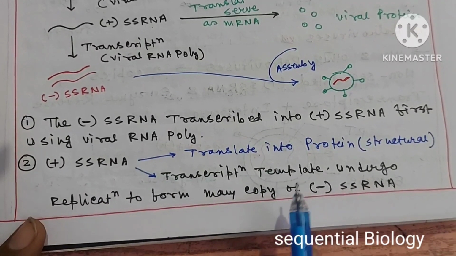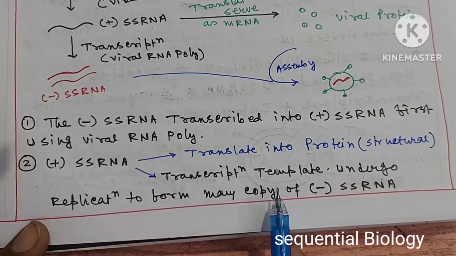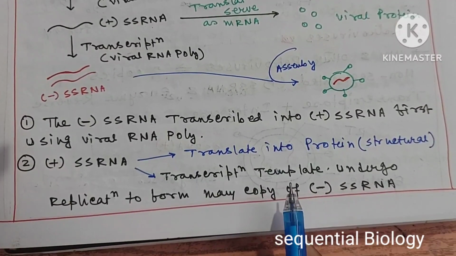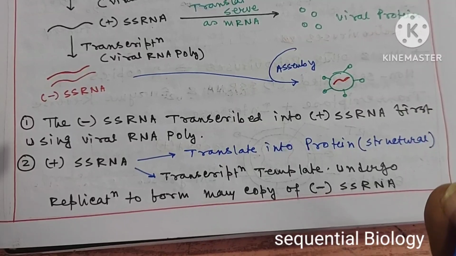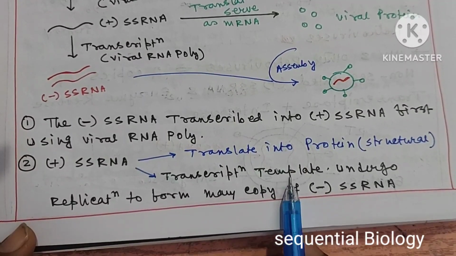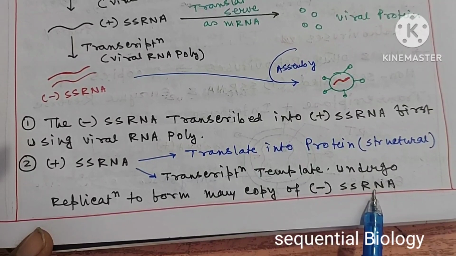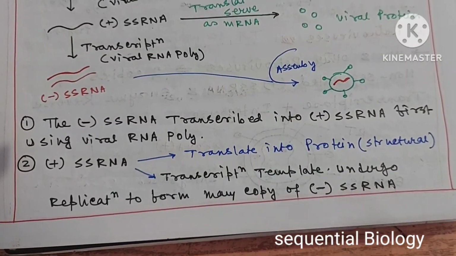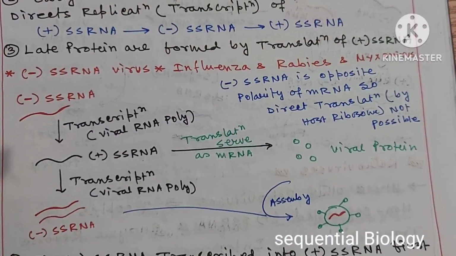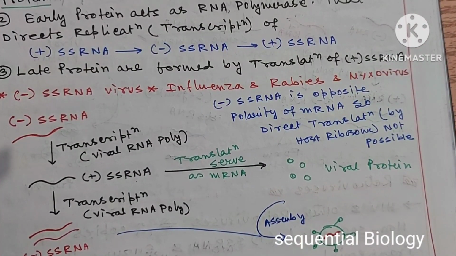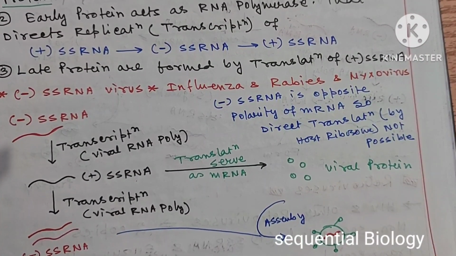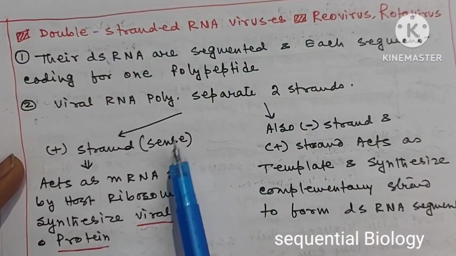Transcription is the process by which complementary RNA is synthesized from its template RNA. So transcription of the template undergoes replication to form many copies of minus ssRNA. In this way, minus ssRNA containing viruses, that is influenza virus, rabies virus and myxovirus, replicate inside the host cell.